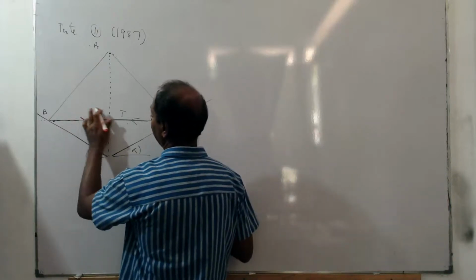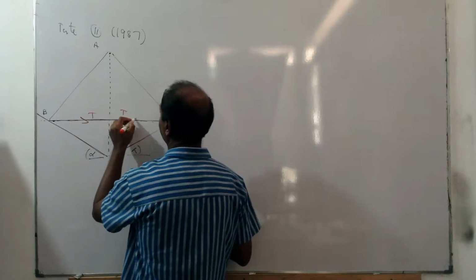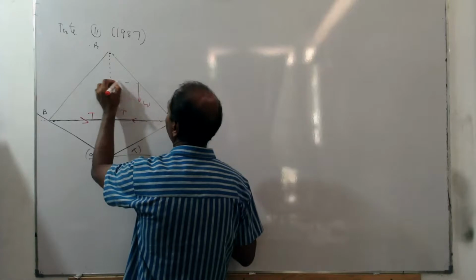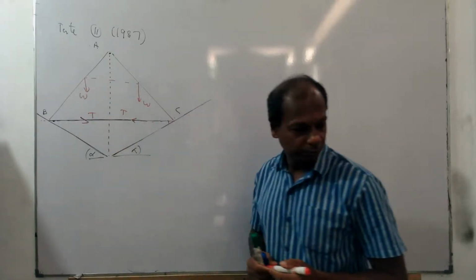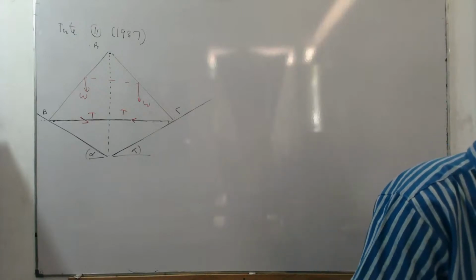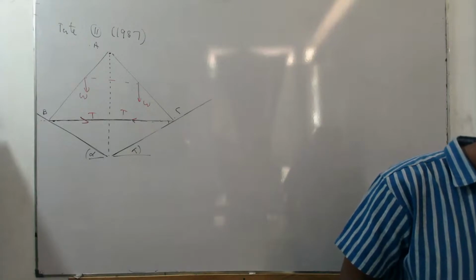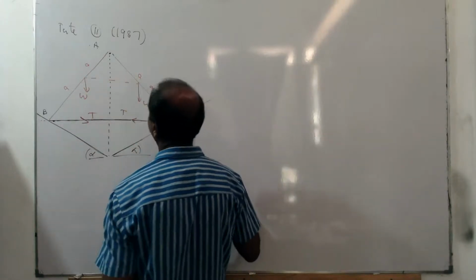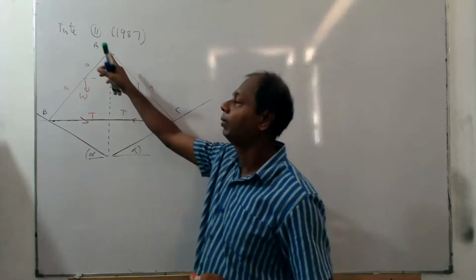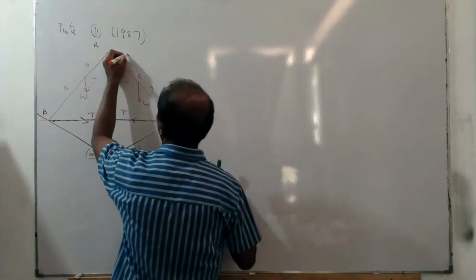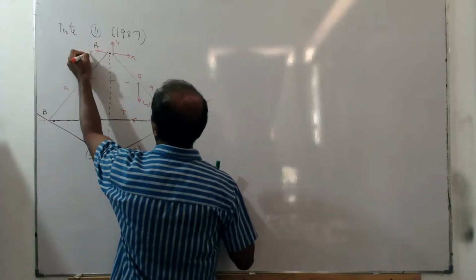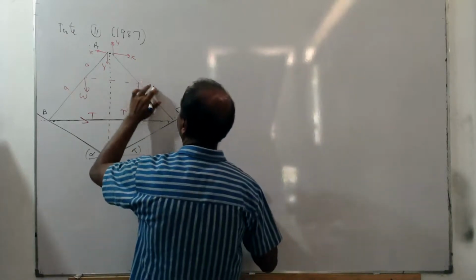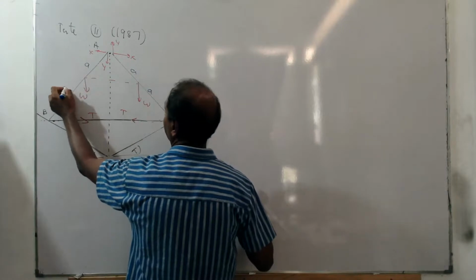We are given this T, we have to find this T. The rods have equal weight W and W, and length A and A. Then we mark the reaction at this smooth joint, X and Y. And geometry, these are A and A. This angle is alpha.